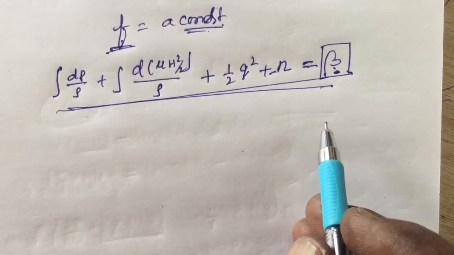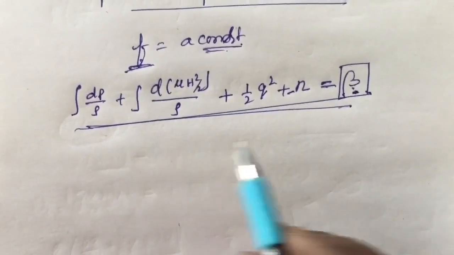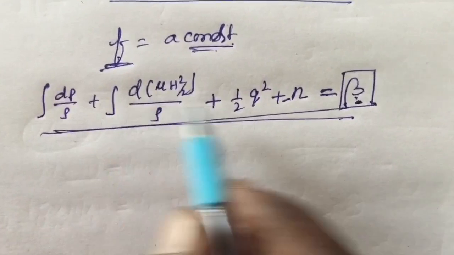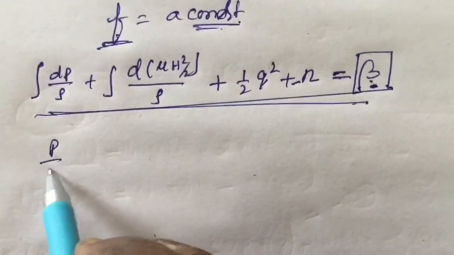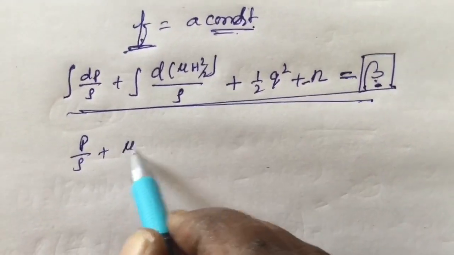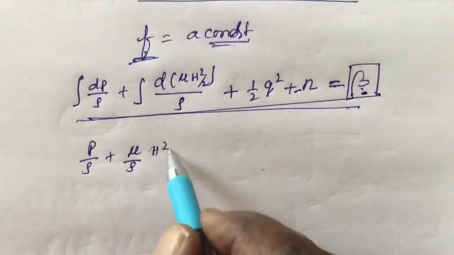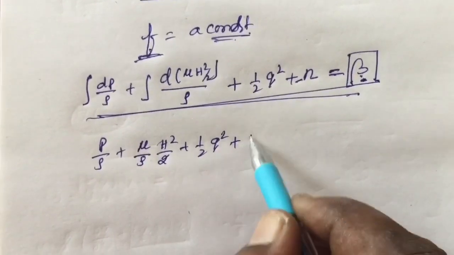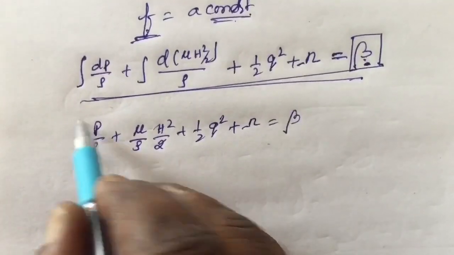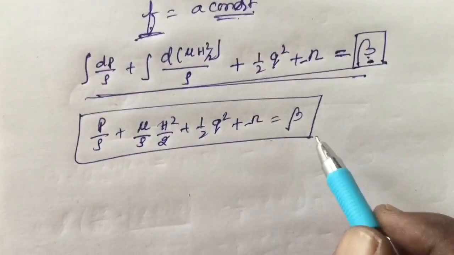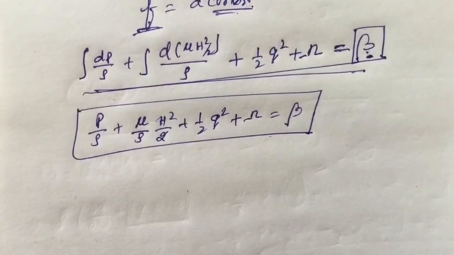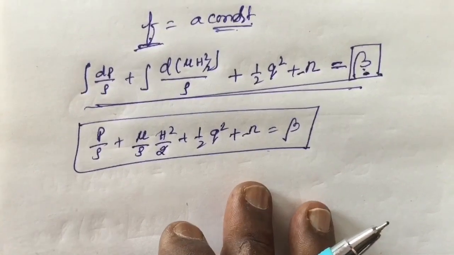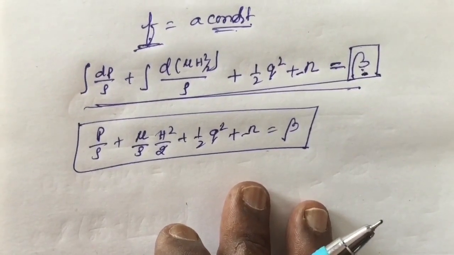So once it is homogeneous, your Bernoulli's equation will become simply p by rho plus mu by rho into h square by 2 plus 1 by 2 q square plus omega is equal to constant beta. This is the Bernoulli's equation when the fluid is homogeneous.